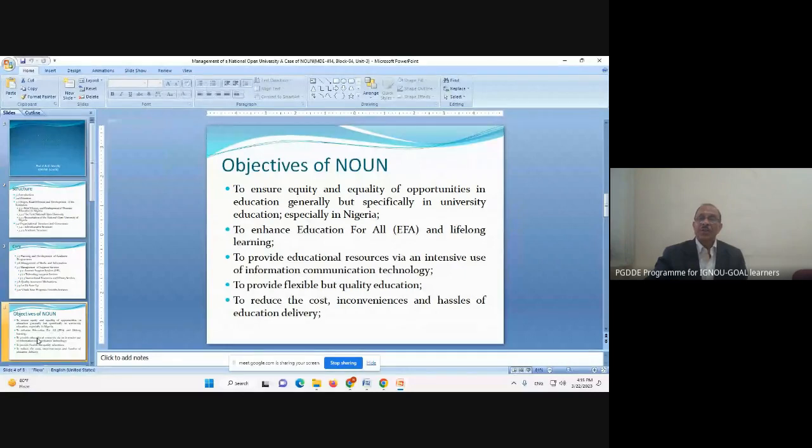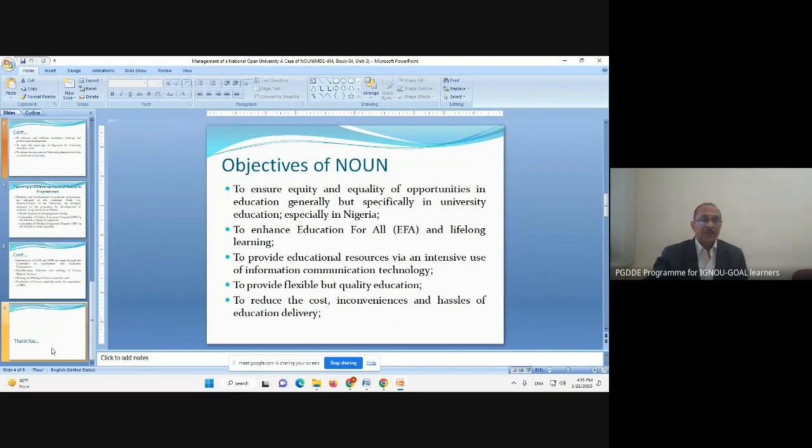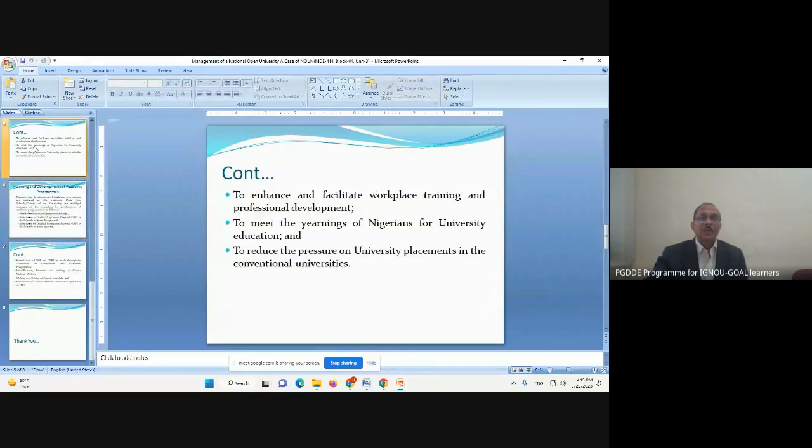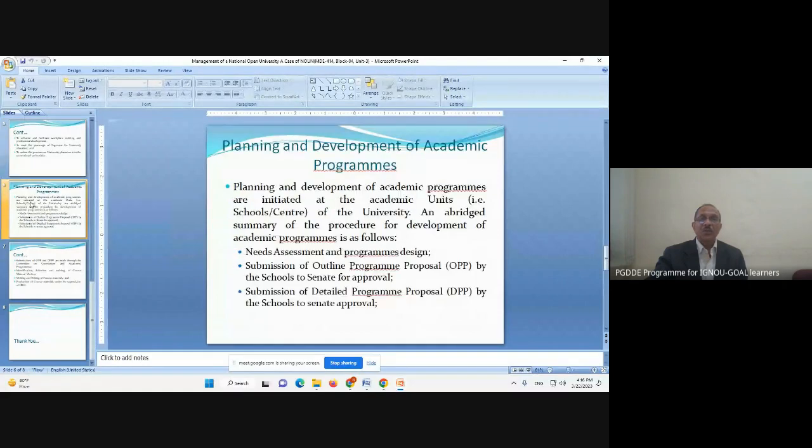To enhance education for all, lifelong learning, provide educational resources, etc. To facilitate workplace training and professional development, to meet the needs of Nigerians for education. There are many people who could not go for higher education. To reduce the pressure on university placements. Universities are full with students, they cannot continue.